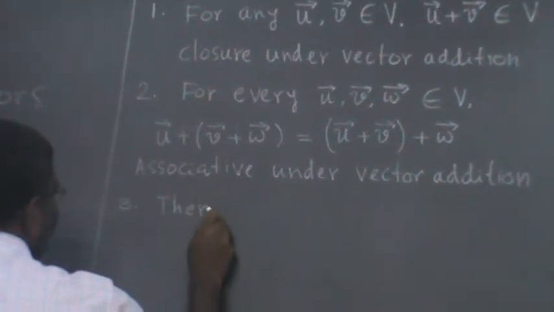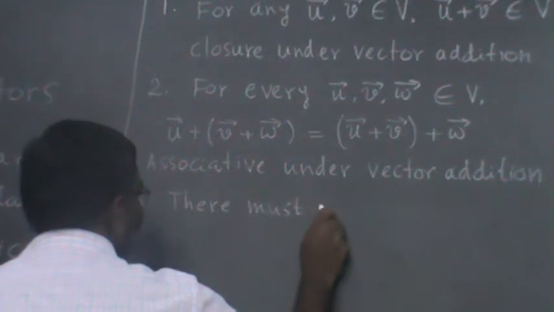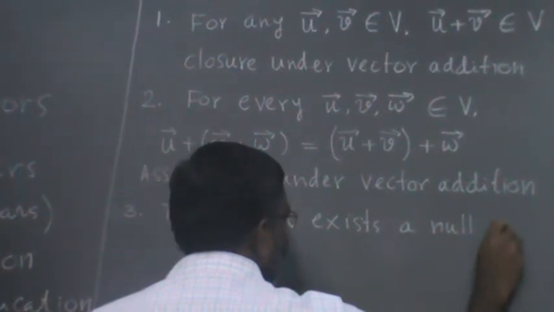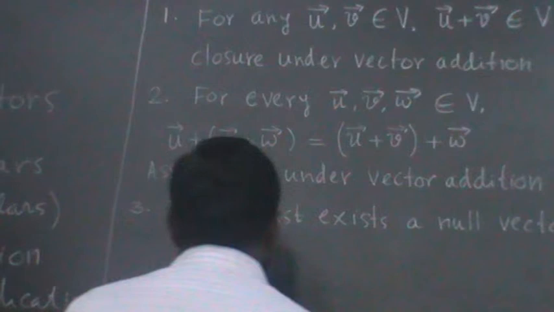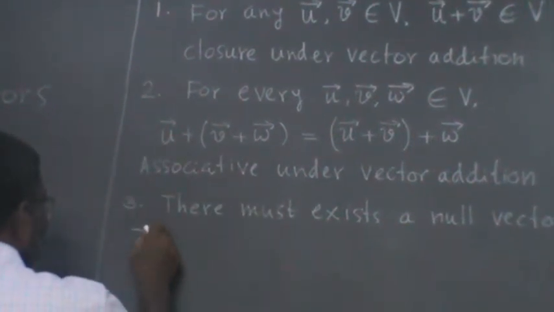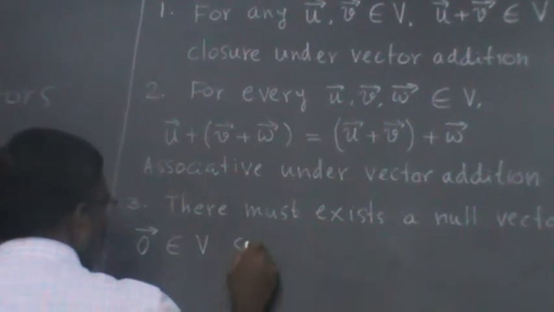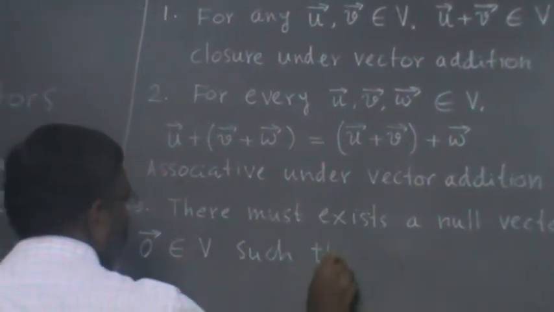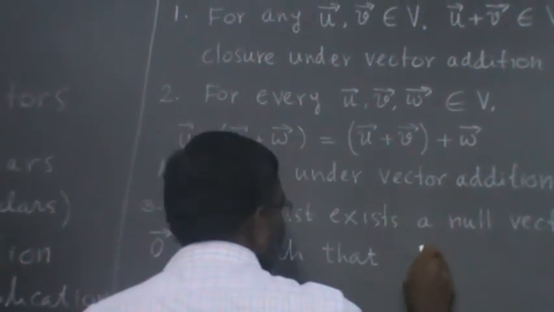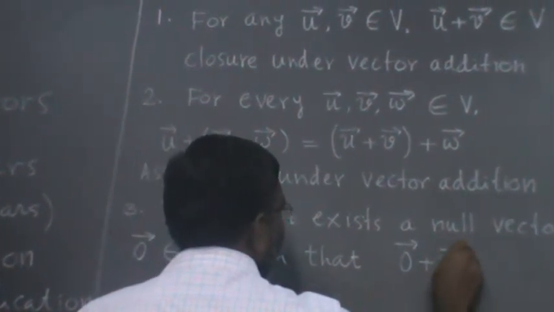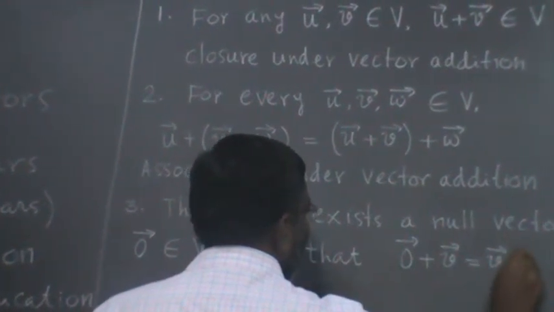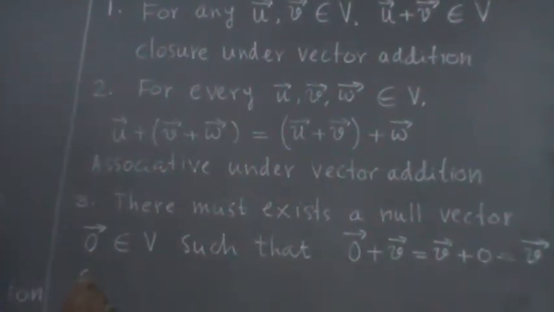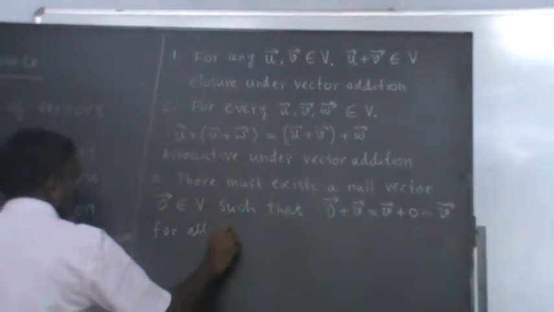There must exist a null vector, zero in V, such that 0 plus v is equal to v plus 0 is equal to v for all v.